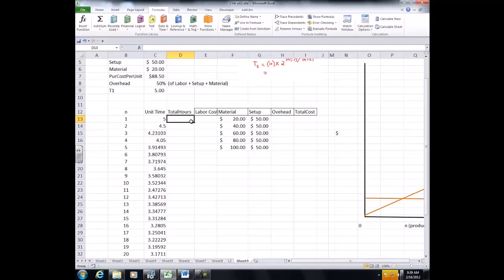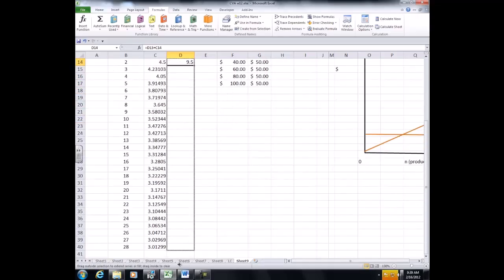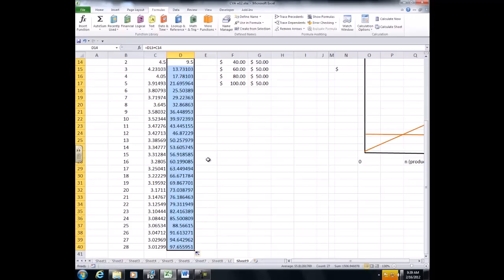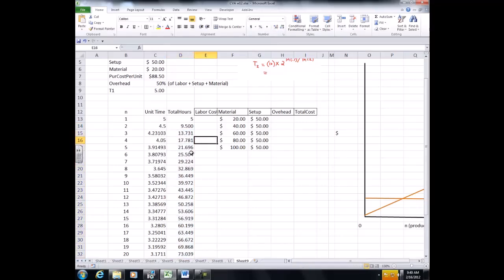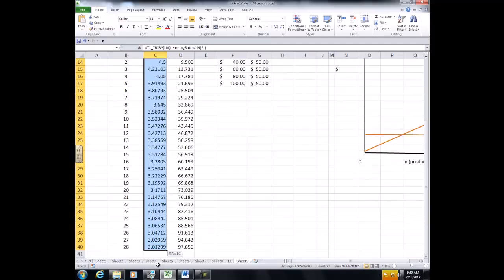So we will just compute a running sum of column C. We'll start with C13, and then to C13, I will add the unit time for the second unit, and then copy this down.